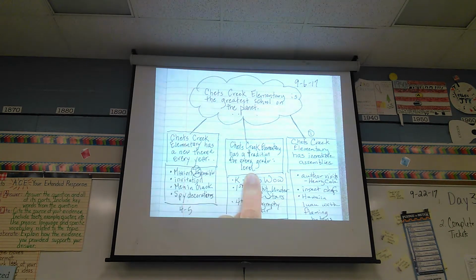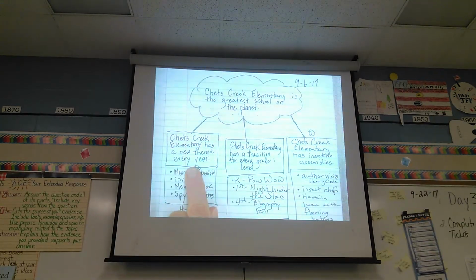Now, if I had chosen this main idea, Shetts Creek Elementary as a new theme, I could create a scenario of walking into the lobby to enter an enchanted forest, or walking up to the front doors of the school to find a yellow brick road painted. I'm pretty sure that most schools don't do something like that.